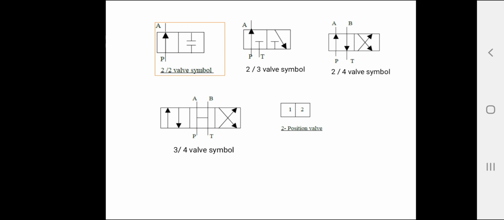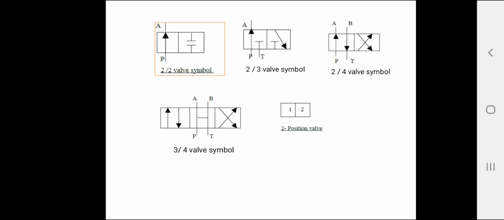You can see in the figure the 2 position valve, a valve with 2 spool positions, and also a 3 position spool. In a direction control valve with 3 positions, the central position is the neutral position. Here there are 2 positions, and in the case of 3, there are positions 1, 0 and 2. This is a 3 position valve.